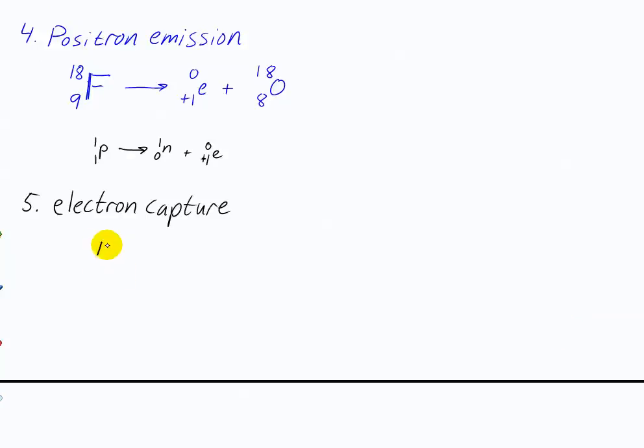So radioactive iodine actually decays by electron capture, which means it gets an electron and then its atomic number goes down by 1. So in this case, iodine, which is 53, becomes tellurium, which is 52.